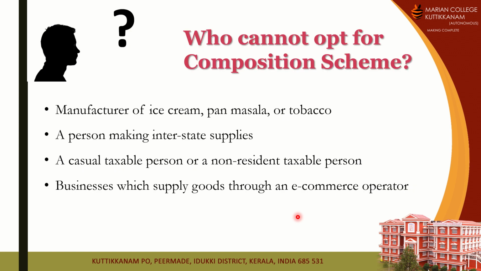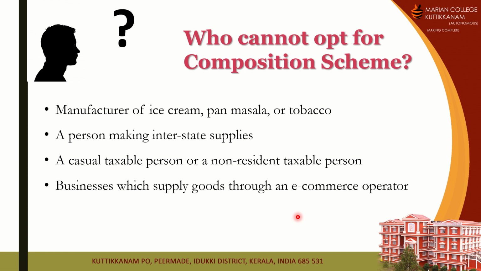so we discussed who can opt for composition scheme. A person or taxpayer who has a turnover of less than 1.5 crore can opt for composition scheme. So now the question comes as to who cannot opt for composition scheme. Let's see who all are the persons.